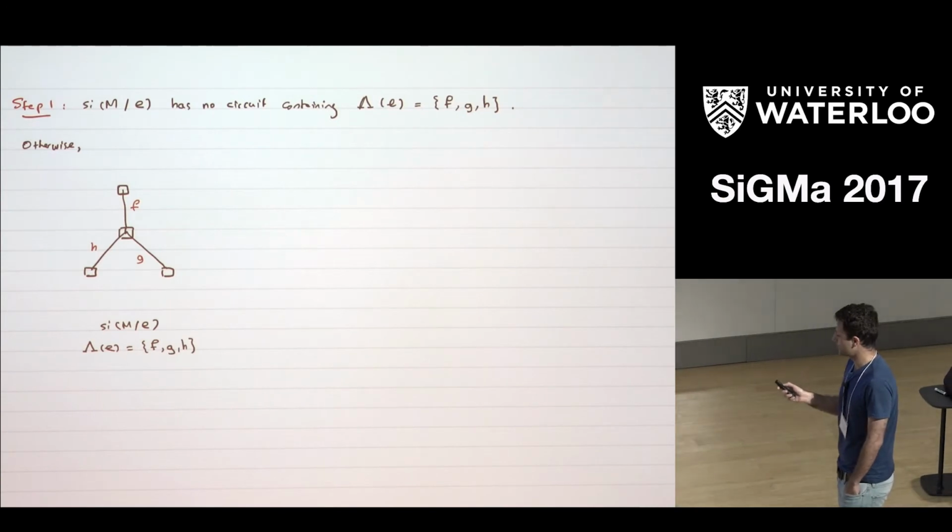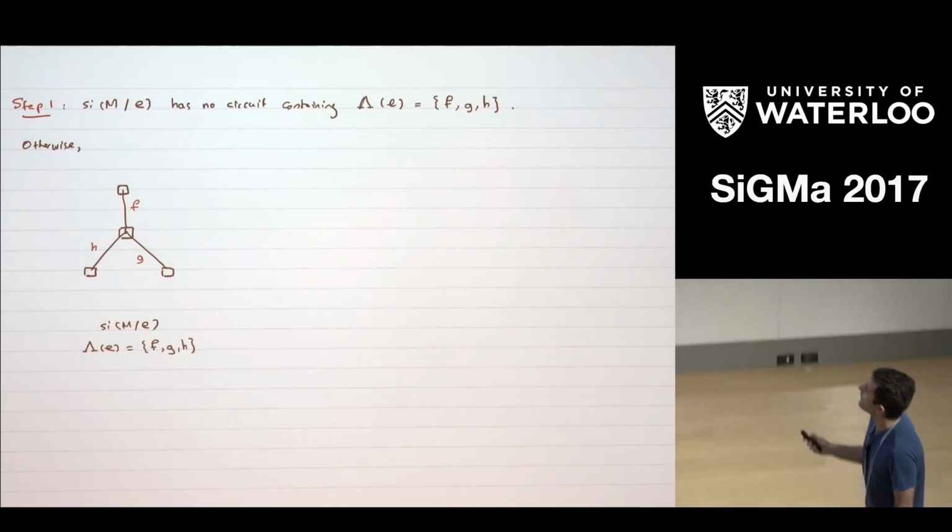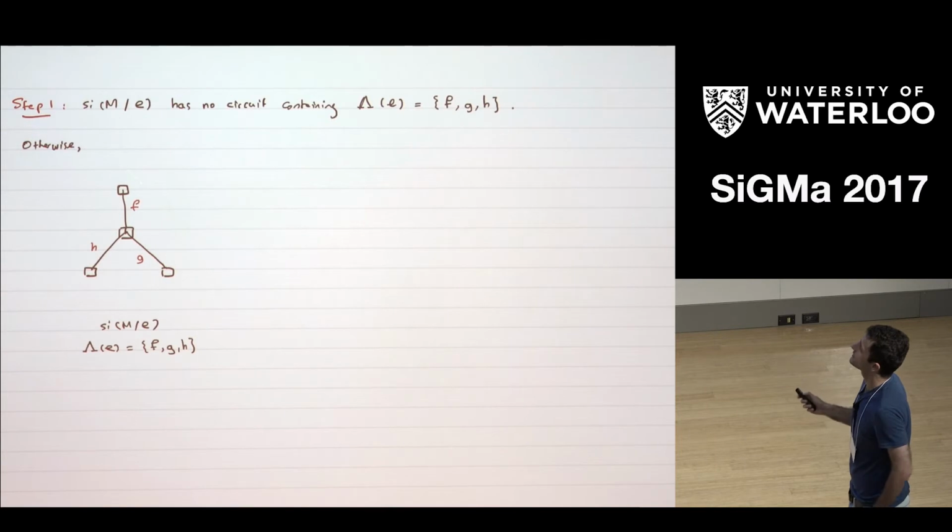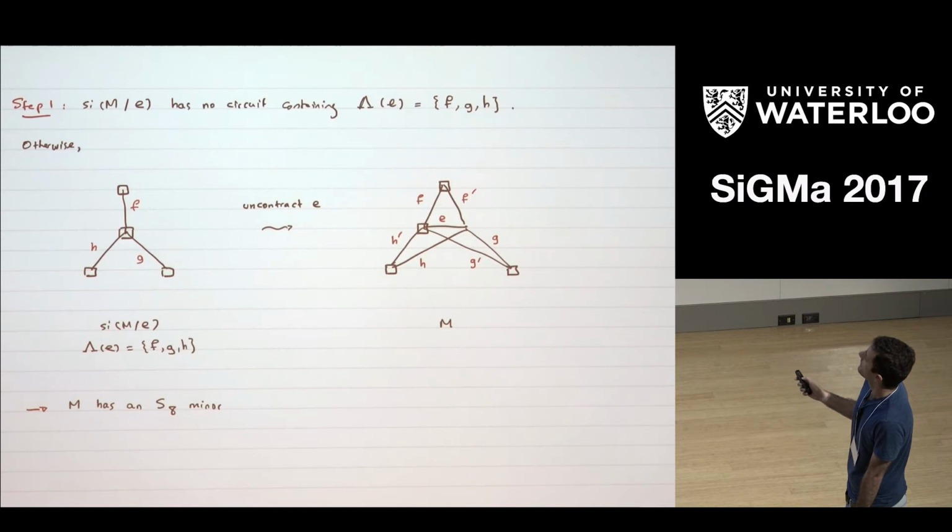And the first step of the proof, and the hardest part, is proving that there is no circuit in the simplification of the contracted matroid that contains F, G, and H. So let me tell you why that's the case. Imagine that you had a circuit going through F, G, and H. So it's F, G, H plus this T set that I have here. That's going to give me the circuit. Then I can uncontract the element E, and what I'll end up with is this guy.